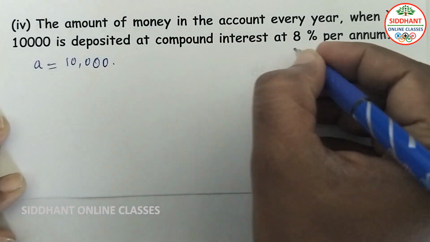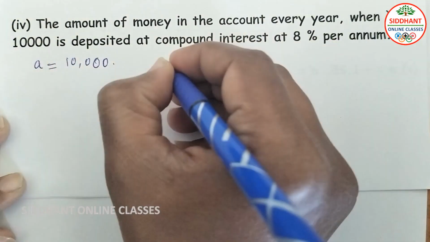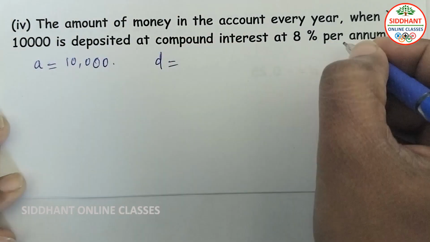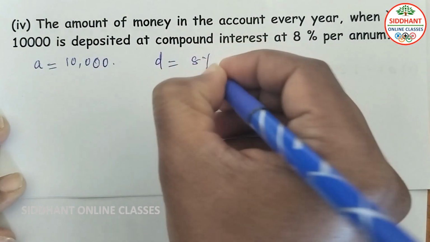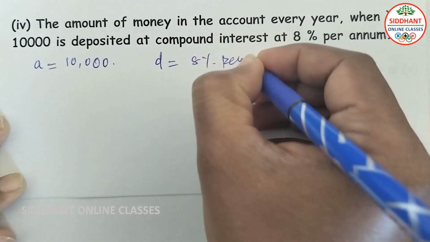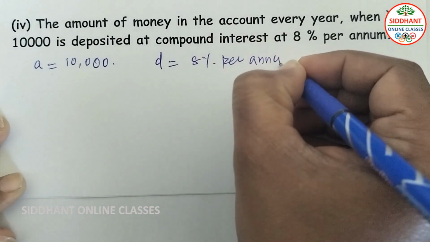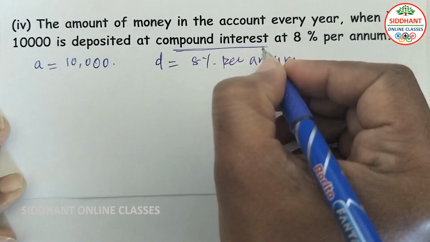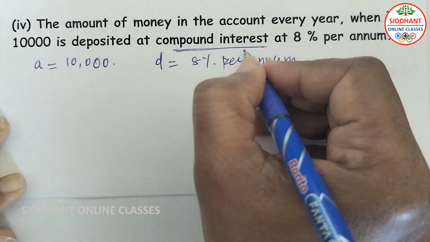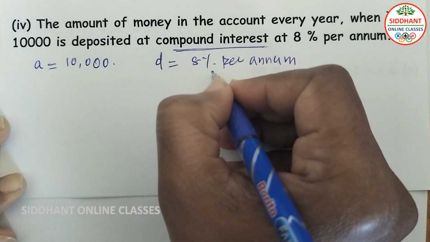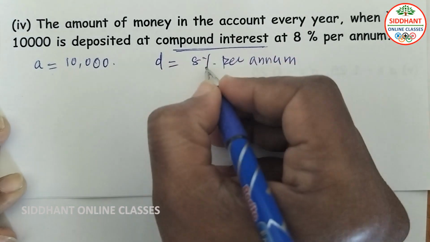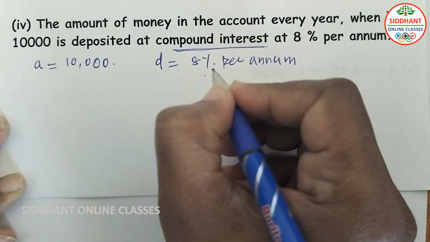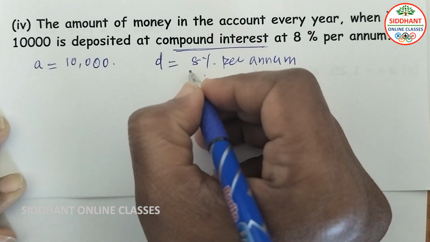They have given 8% per annum. So here they have mentioned compound interest. The meaning of compound interest is that every year the interest is 8% only, but the amount will vary here.